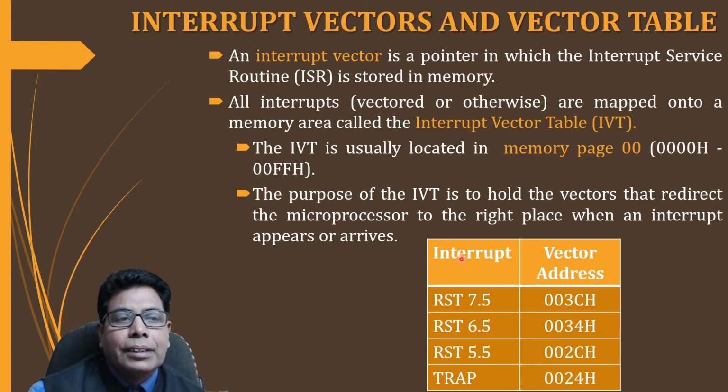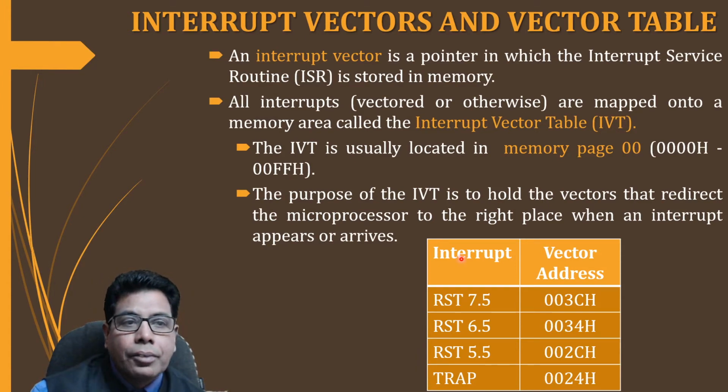Then let us first see the interrupt vectors and vector table. When we say interrupt vector, it is nothing but a pointer to where the ISR is stored in memory.